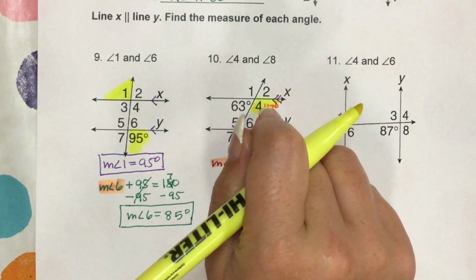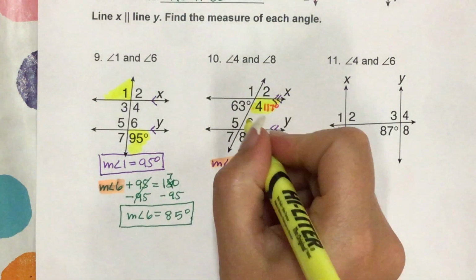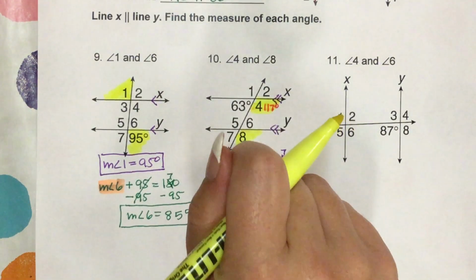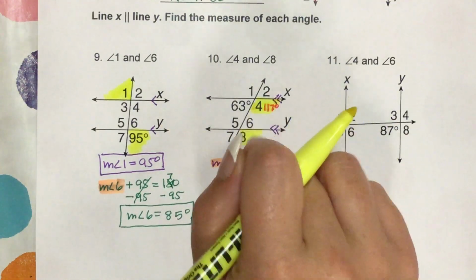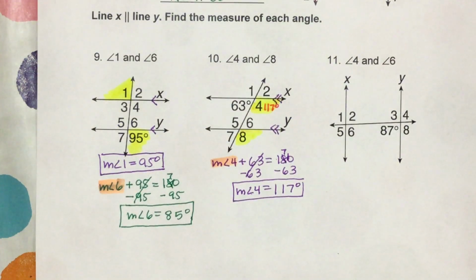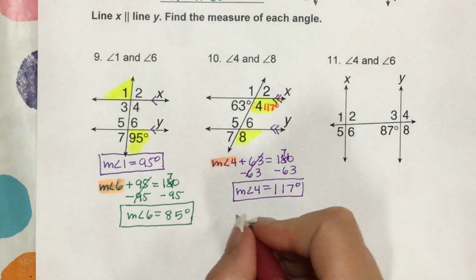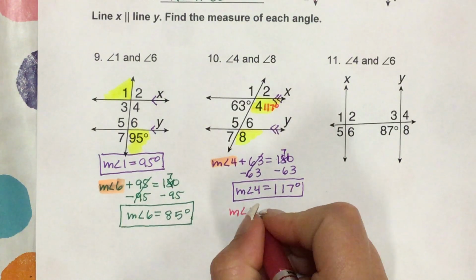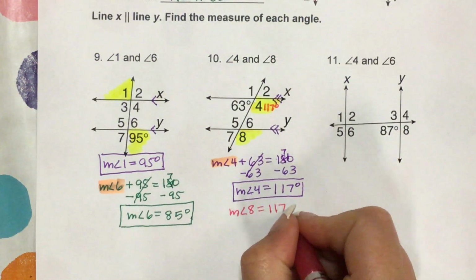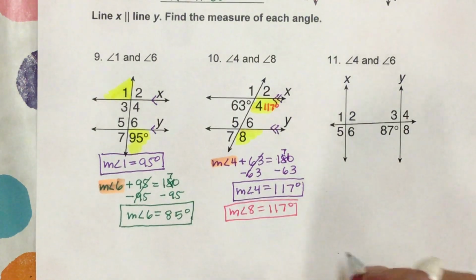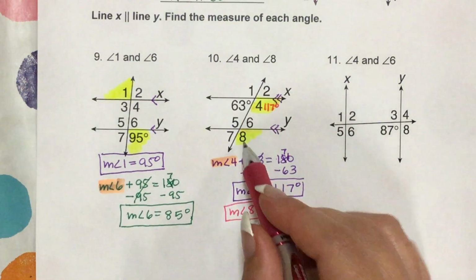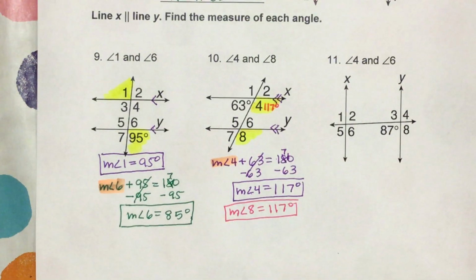Angle 4 is an interior angle, and angle 8 is an exterior angle on the same side. So these are corresponding angles, which means they're congruent. So the measure of angle 8 is equal to 117 degrees, because angle 4 and angle 8 are corresponding angles, which means they're congruent.